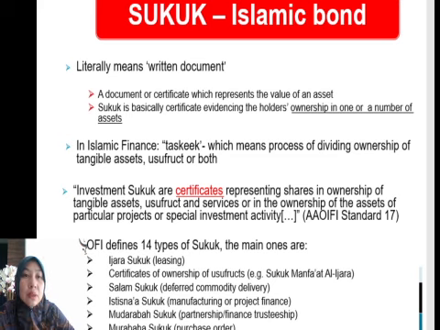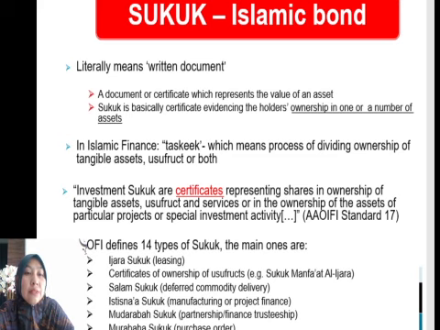Now we just move to sukuk or Islamic bond. What is sukuk? Sukuk is an Islamic bond. Literally it means written document, a document or certificate which represents the value of an asset. Sukuk is basically a certificate evidencing the holder's ownership in one or a number of assets.